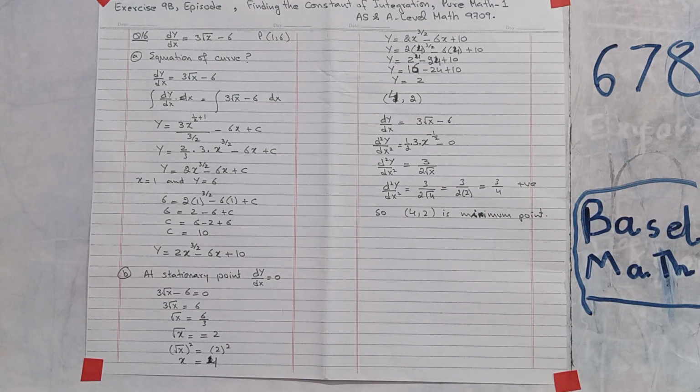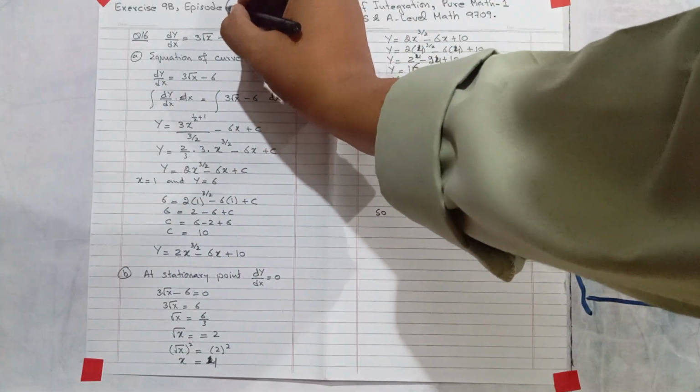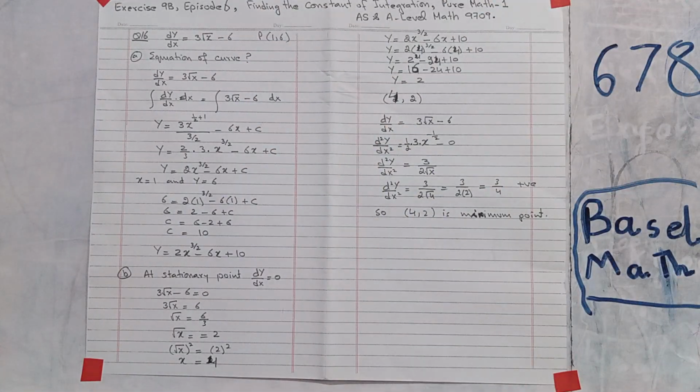So this is how you will do the question number 16 of the exercise 9b. This is our sixth episode on this exercise, and we are trying to finish this exercise today. So the next question which we are going to practice in this video is the question number 17 from the exercise 9b.